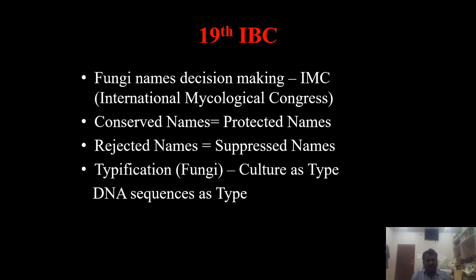The rejected names are also called suppressed names. For typification of fungi, a culture can be one of the types for nomenclature, and for some fungi, a DNA sequence also works as a type.